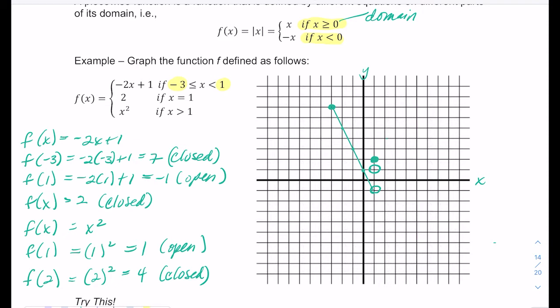Okay, and if you remember, x squared makes a parabola. Okay, and then if you plugged in 3, you would get 9, and so on. So you would have a parabola that would go up like that. So that's what your graph would look like.